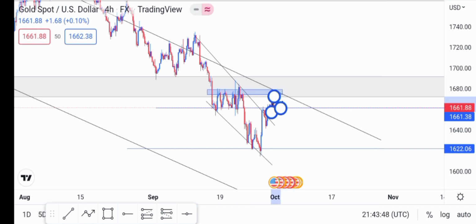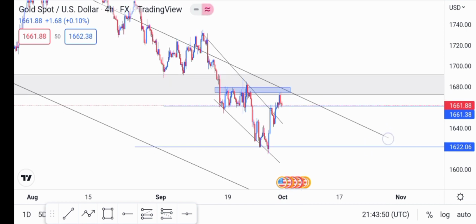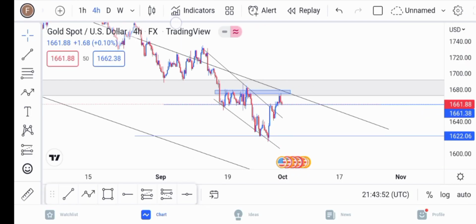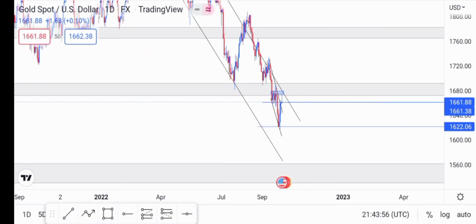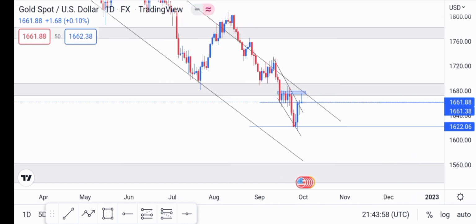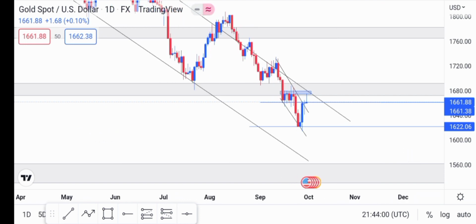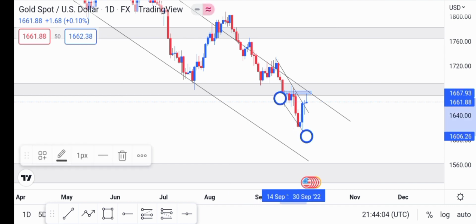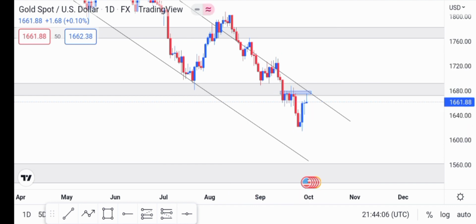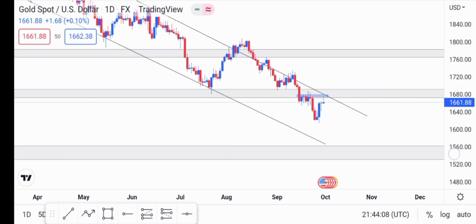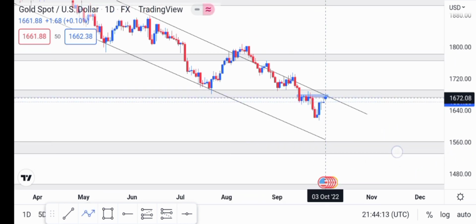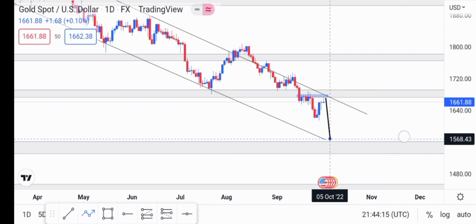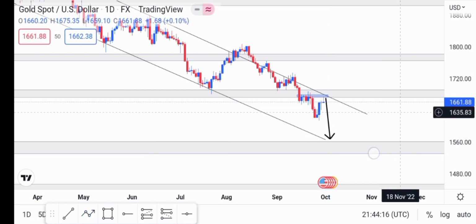It's still undecided, but by the looks of the daily time frame, let me remove this. By the looks of it, guys, I could say gold could push to the lower side up until this area here, because we had a beautiful touch around this area here.